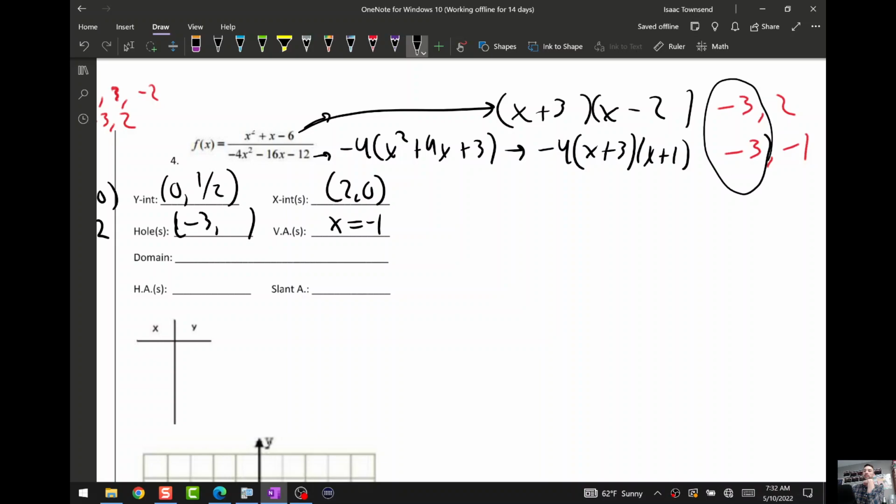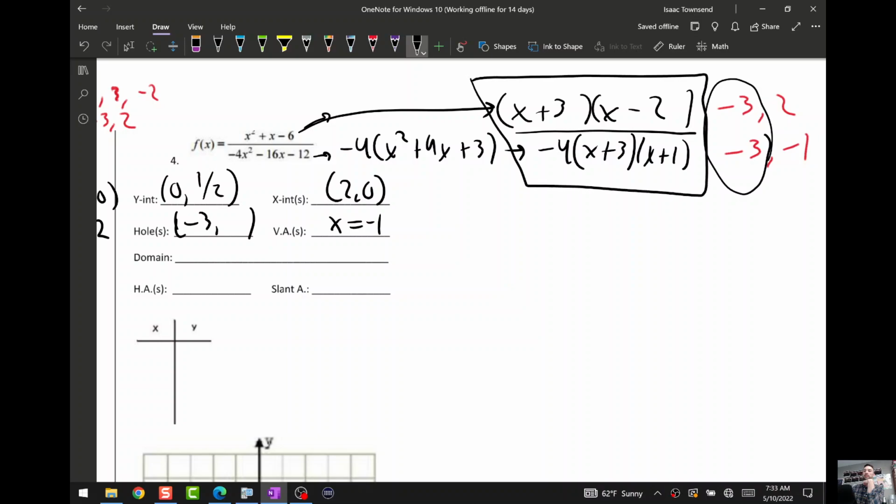Now for the hole, we want to know what point is missing here. So even though it's not a point on the graph, it doesn't exist at that point, we still are required to find the y value as well. So I have factored my numerator, made it look like this. I factored my denominator, made it look like this.